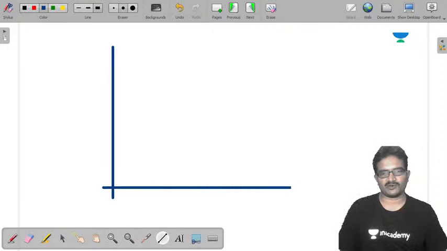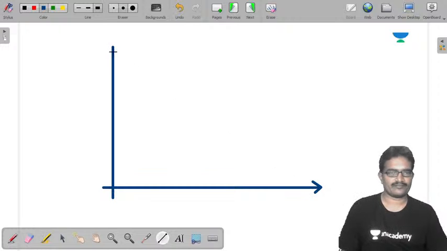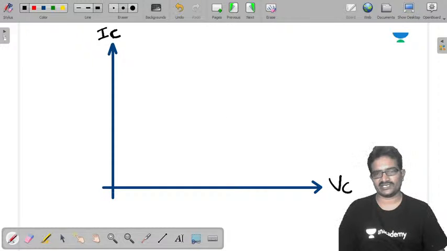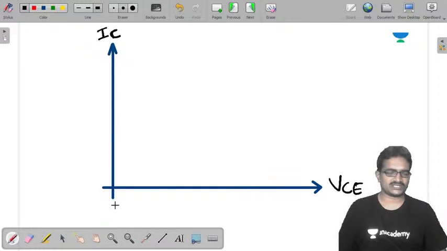So my dear students, this plot is very, very important. This is IC, collector current, output current. This is VCE. First we observed for IB equals 0, we draw the plot.